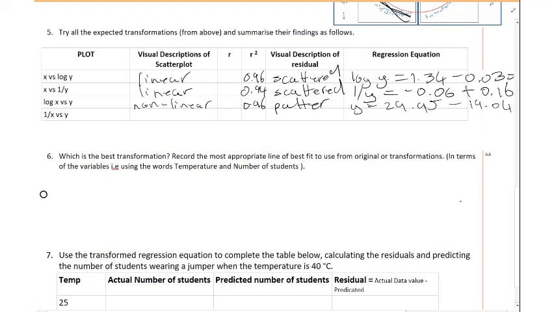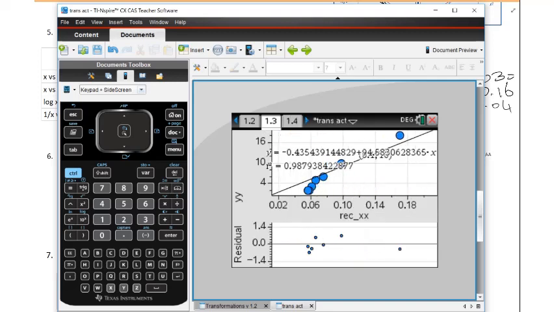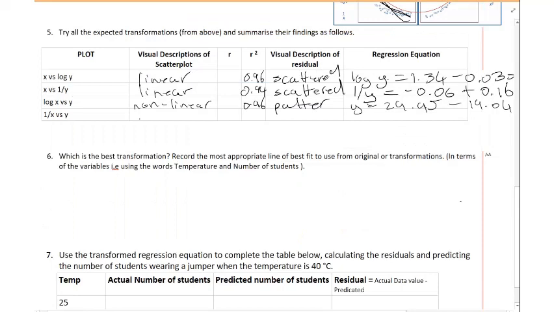And our last one here is going to be, I'm going to change that to reciprocal x. And we see that in this case it's linear again. We've got enough scatter going here. It's looking sort of like pattern, but there's enough scatter there that you could say there's no pattern. So I'm going to say linear, scattered, 0.98.